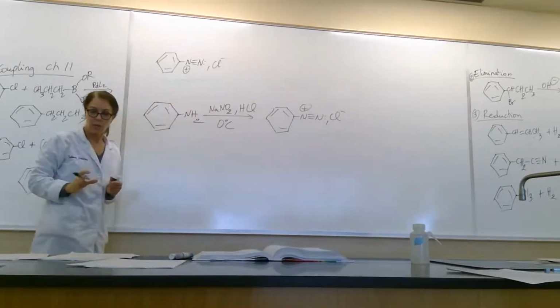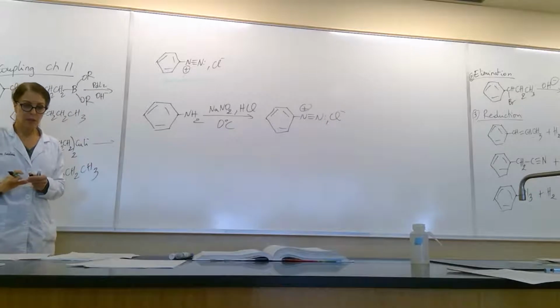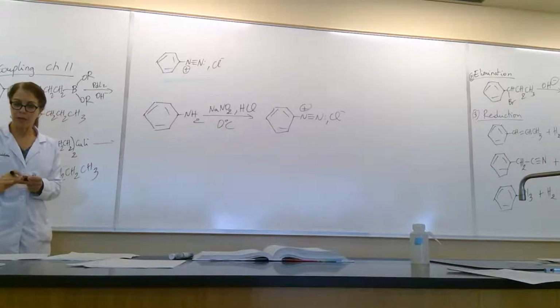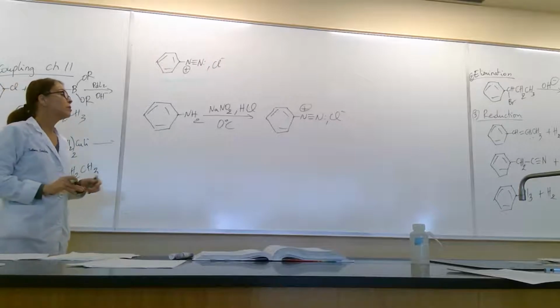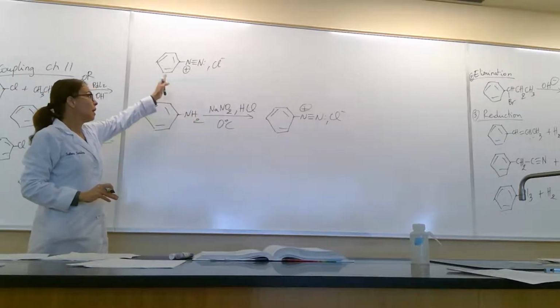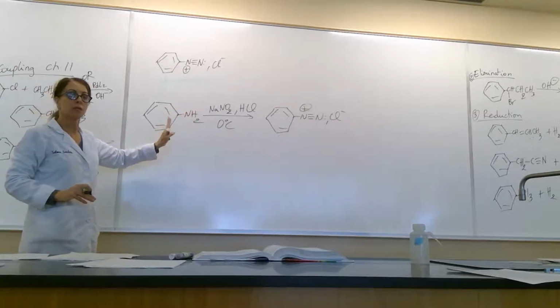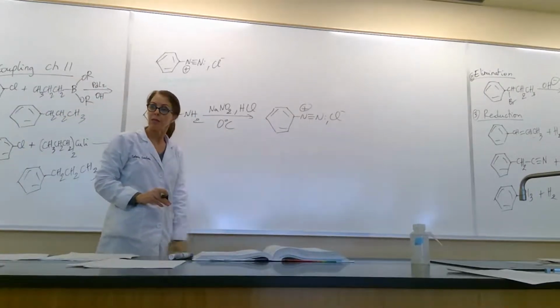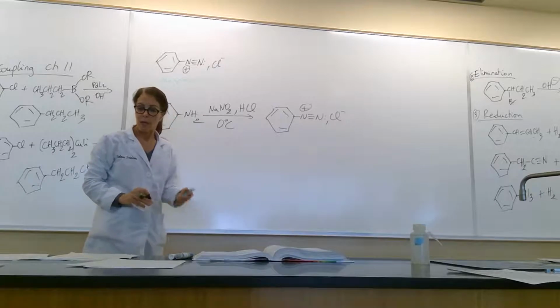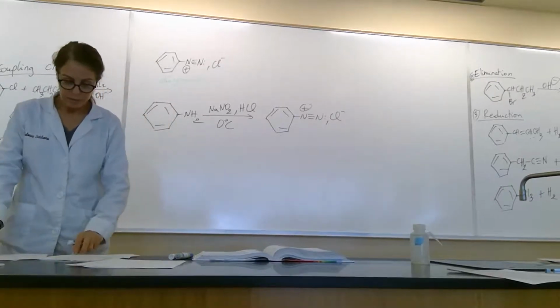So you don't need to know the mechanism. All you need to know is that's how you make the diazonium salt. Okay? So if you want to put any substituent, start with benzenamine and then make the diazonium salt. Then what are the reactions there?